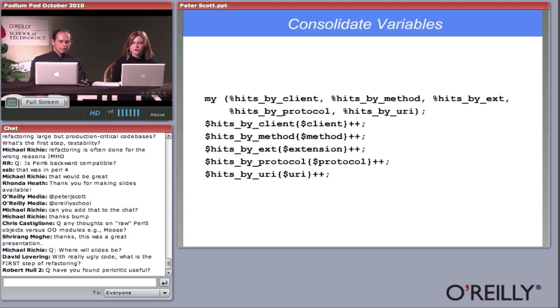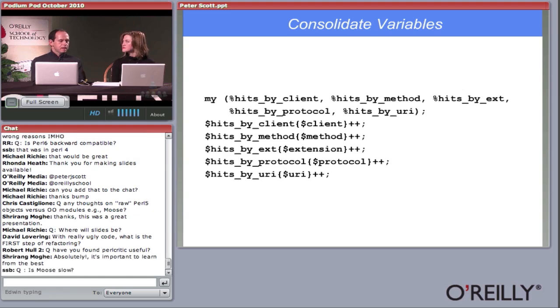Here's a question from Chris. Any thoughts on raw Perl 5 objects versus object-oriented models, for example, Moose? What I find is that if I'm developing something that's short enough that there's only going to be one object class in it, I'll put the object class inside the script itself, and I'll just do the quick and dirty one-line new function, one-line accessor function if it's only got a few attributes.